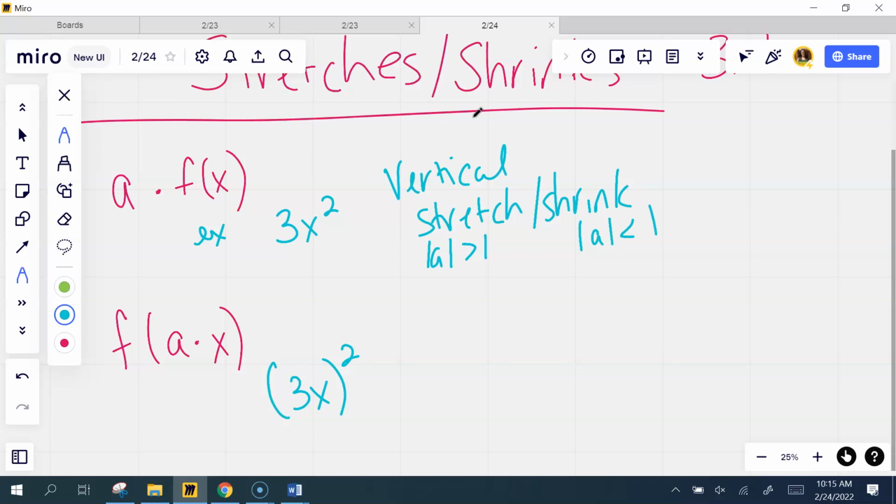So this is where I got my little spaghetti noodle or my elastic y-axis that I'm stretching out or shrinking in, okay? So in this case, the bigger that a gets, the more stretched out my vertical axis is. And one thing that's not on here that you'll probably want to add is your stretch or shrink factor.